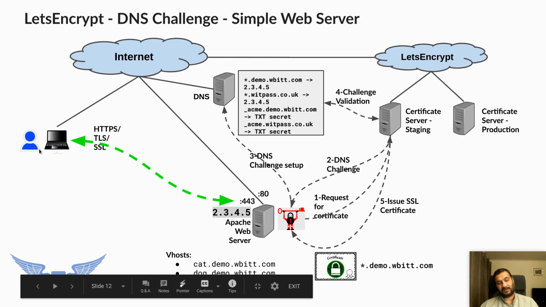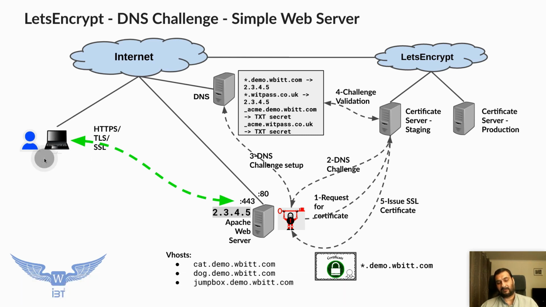And then this visitor to your website would type in a name like cat.demo.wbitt.com in the browser and would have an encrypted secure connection with your server. Since it's a staging certificate, the browser would not trust the certificate, but it would still be an HTTPS encrypted connection.